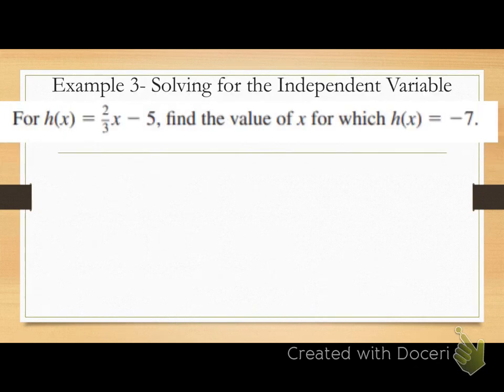All right. For h of x equals 2/3 x minus 5, find the value of x for which h of x equals -7. Any ideas how I'm going to figure this problem out?